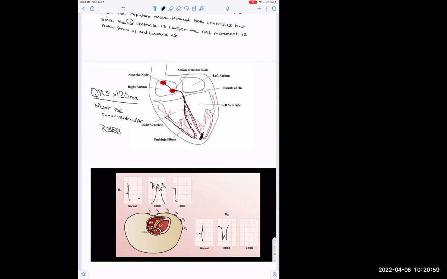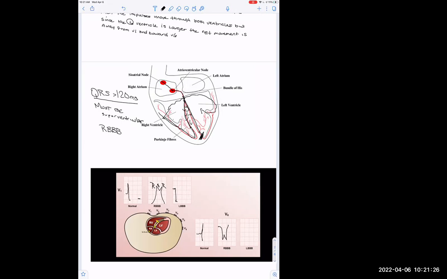And as it moves towards the right side of the heart, it'll wrap around the right side because the conduction system to the right is fine. And instead of going down the left bundle branch, the left interstate, it has to go cell to cell on the surface street. So it'll wrap around the right side of the heart and propagate cell to cell and then depolarize the left side of the heart.